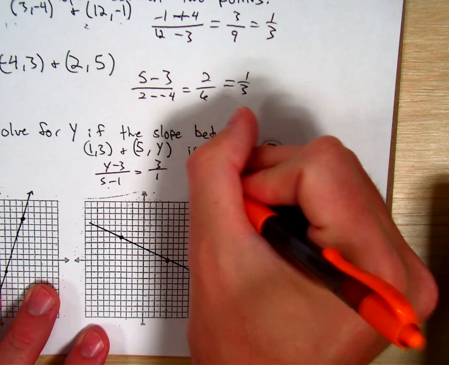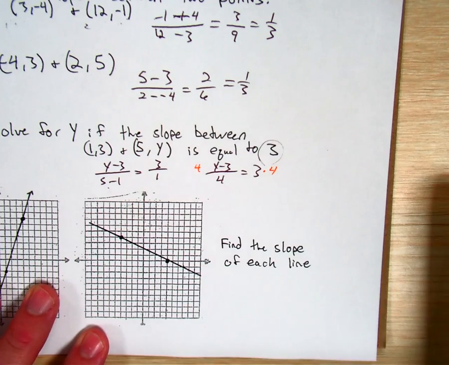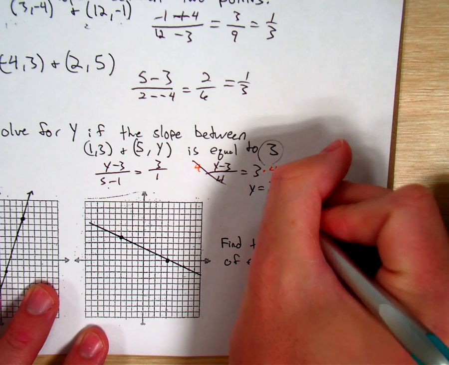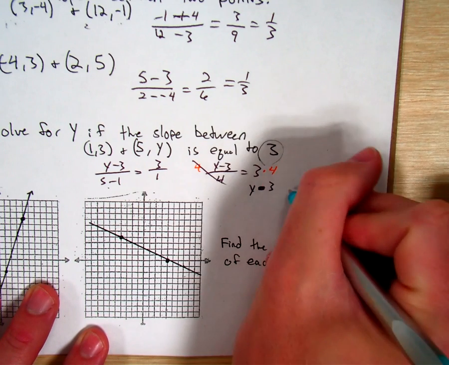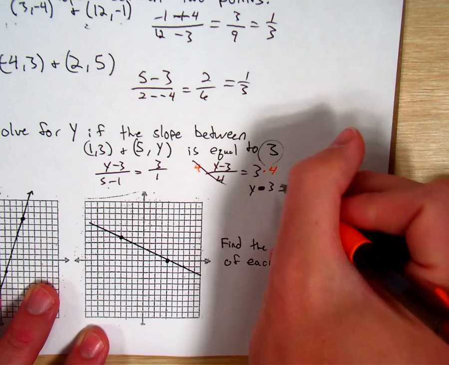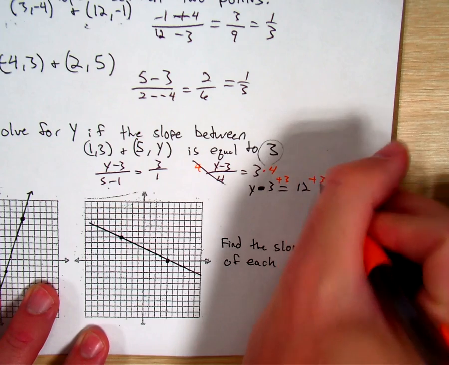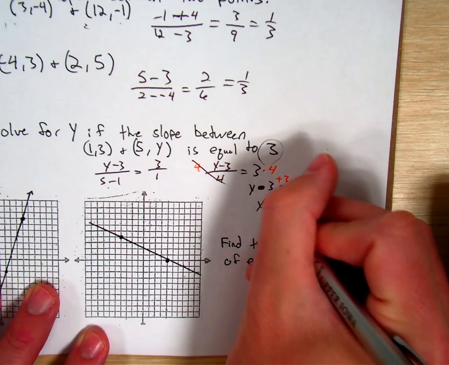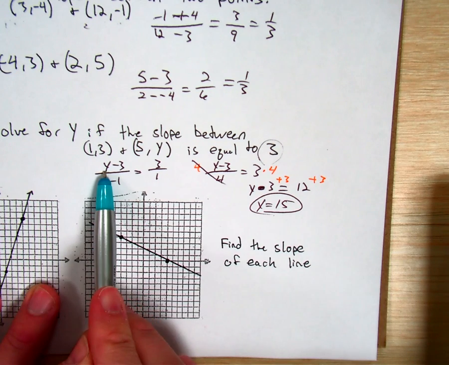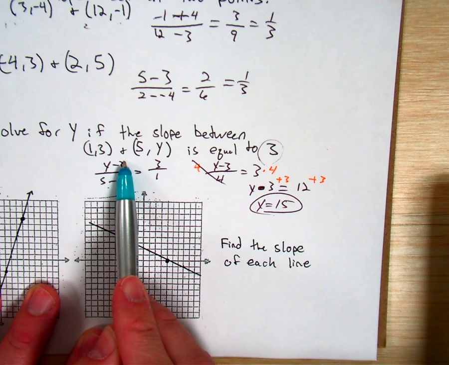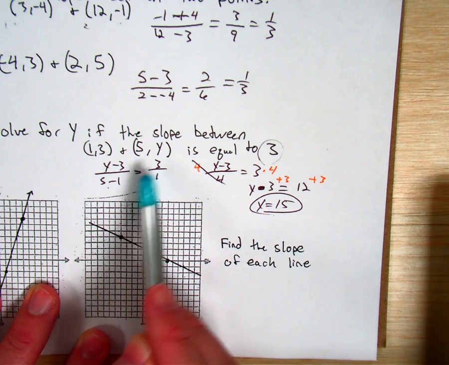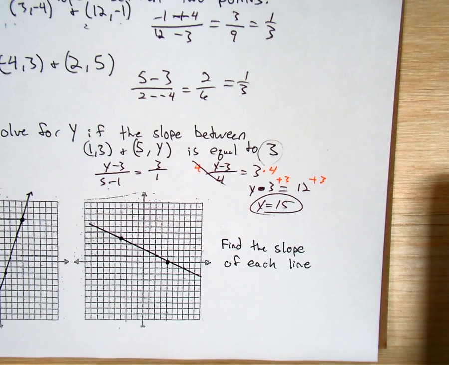Next, we're going to multiply both sides by 4. Y minus 3 equals 12. Then we're going to add that 3 over, and I would need my y coordinate to be 15. So if I had 15 over here, 15 minus 3 would be 12, and then 12 over 5 minus 1, that's 4. 12 over 4 would have given me 3.